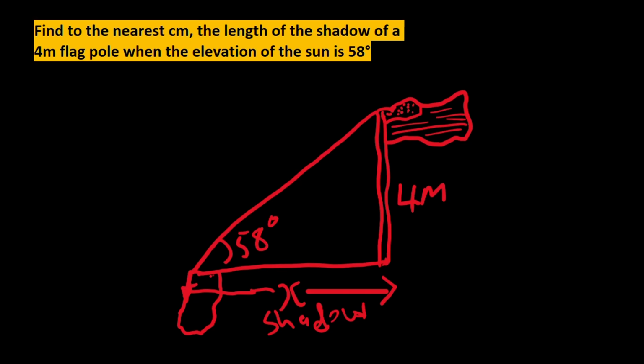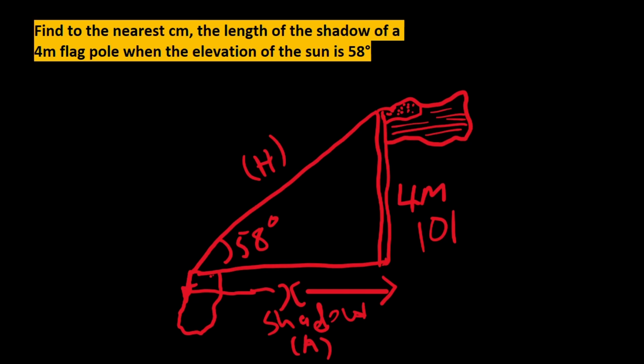So for this triangle, this is going to be the hypotenuse, that's the longest side. And this will be the opposite, that's the side facing the angle, right? And this will be the adjacent. So right here we're going to use a calculation, we're going to use tan.